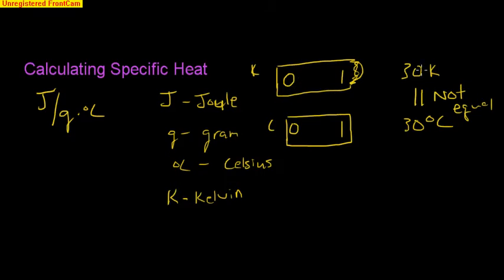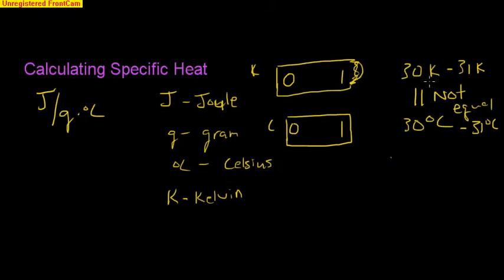So if I went from 30 to 31 Kelvin, that is the same difference as 30 degrees Celsius to 31 degrees Celsius. The actual degrees themselves are equivalent.